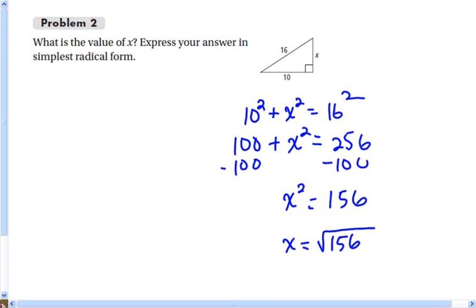And we want the answer in simplest radical form, so we have to think of a number that goes into 156 and is a perfect square. So I'm thinking maybe for sure 4 goes in there. Let's try that.